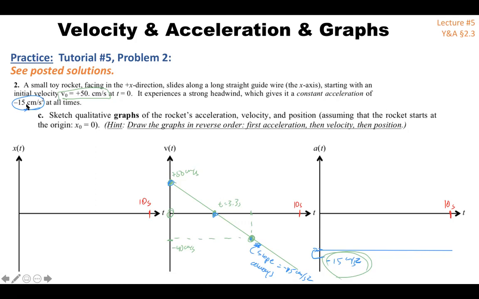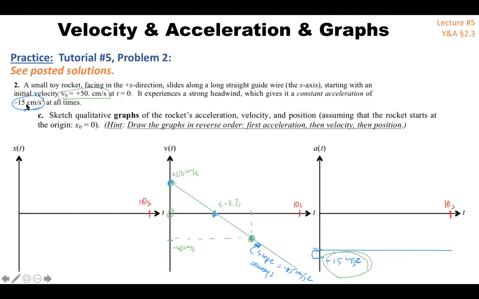Now, we can use the same sort of approach to qualitatively construct our position plot here. For the position plot, I give you a little more information. I'll switch to black ink for this one.